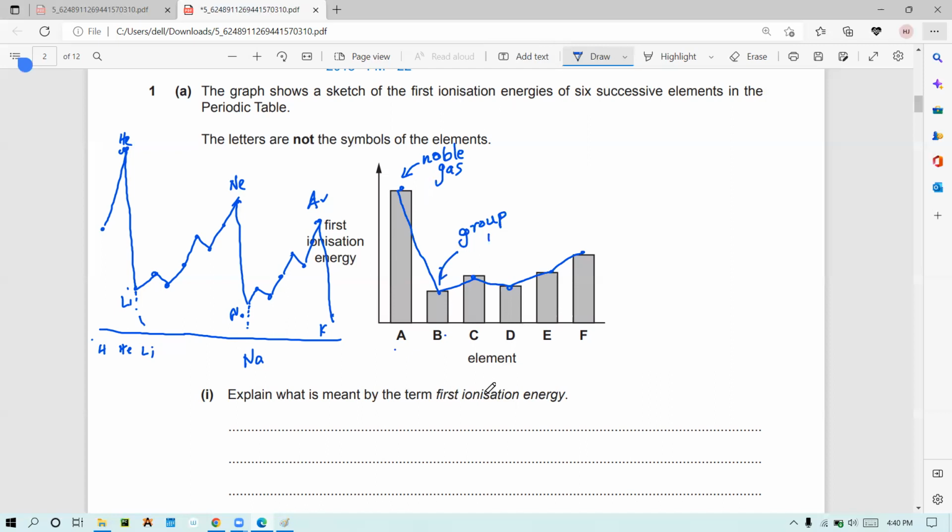Explain what is meant by the term first ionization energy. Different children write different things, but for the same idea. I can write one definition for the first ionization energy.